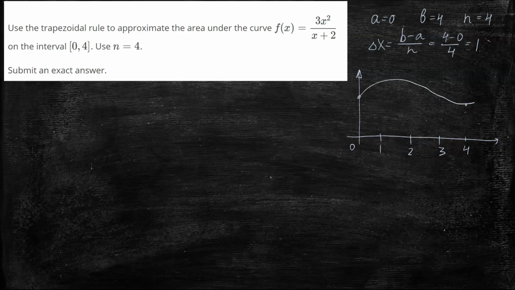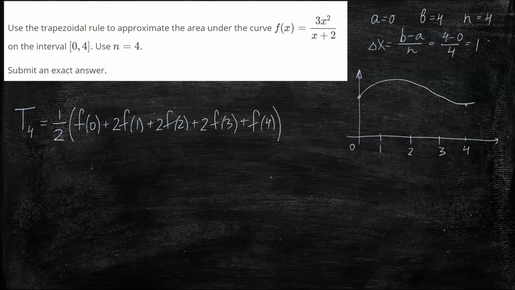And again, we don't really care about what the function is, because we understand the process. So T4 will be 1/2, it would be f of x0 plus 2f of 1 plus 2f of 2 plus 2f of 3, and the last one is f of 4 by itself, and we're going to multiply it by delta x, which is also 1.